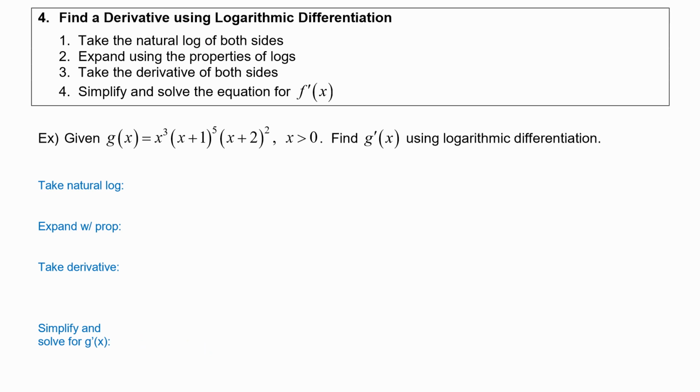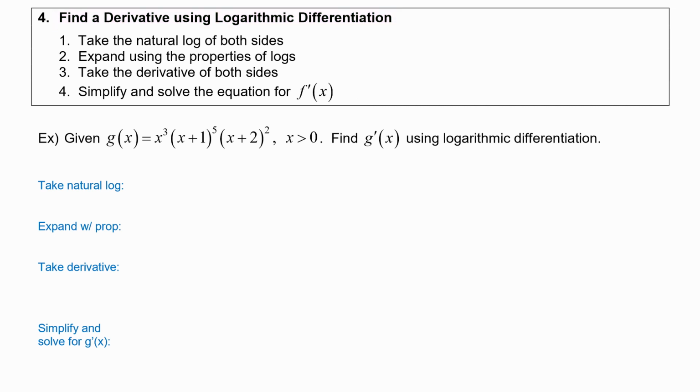Next, we learn an important technique, which is how to find a derivative using logarithmic differentiation. So logarithmic differentiation is this 4-step process, and I think the best way to learn it is to dive right into an example.